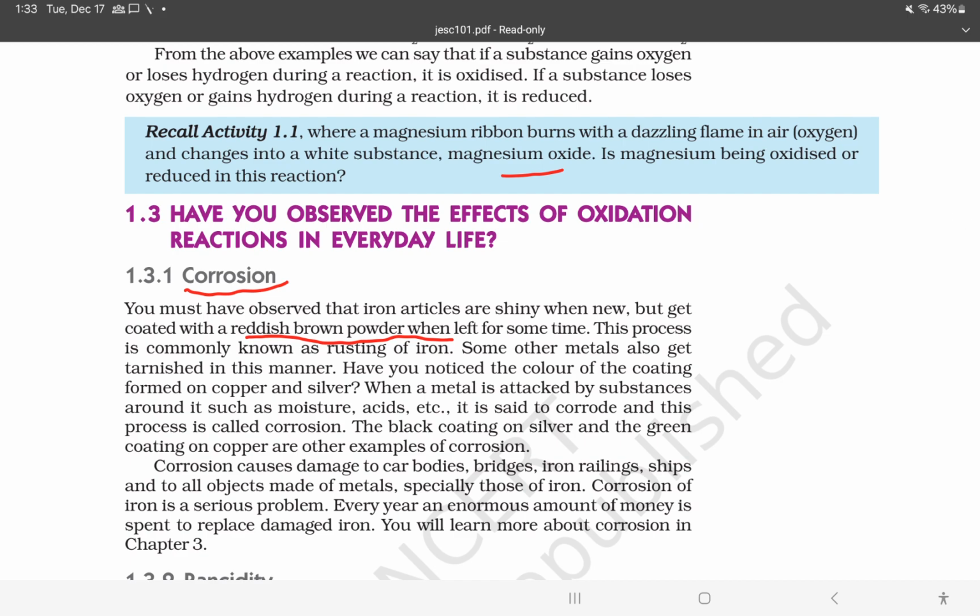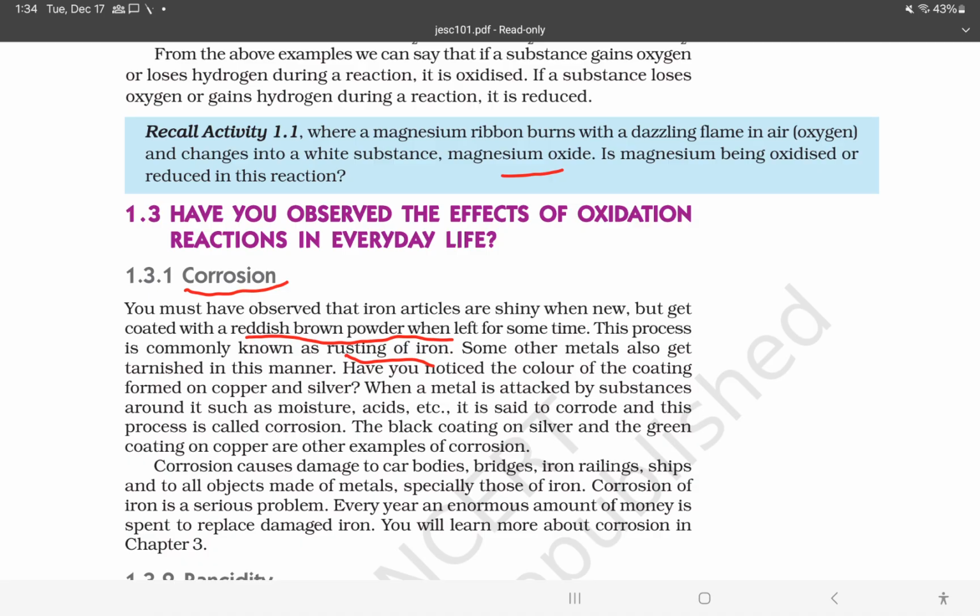This is known as rusting of iron, right? If water is there on the iron bowl, definitely you can find that brown layer, that is nothing but rusting of iron. And it is not good for industrial purposes also. Many instruments are made of iron, so you have to take care about this process.